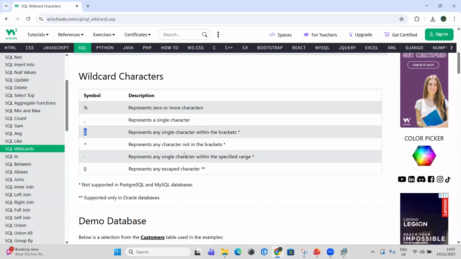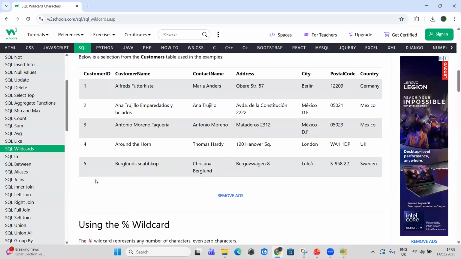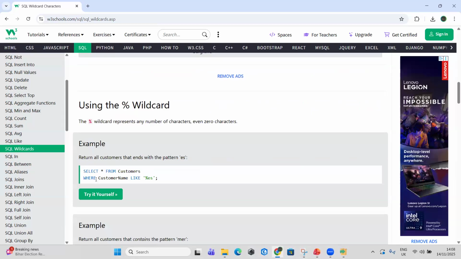Represent any character not in the brackets. So this should be in brackets, sorry. And instead of this, you could have used this one. This is some specified range. This is some escaped character.